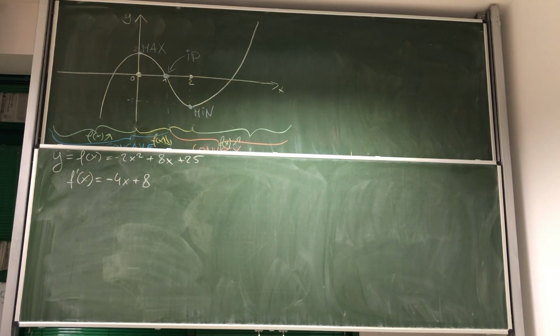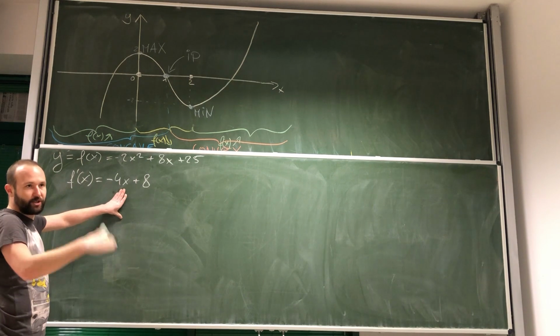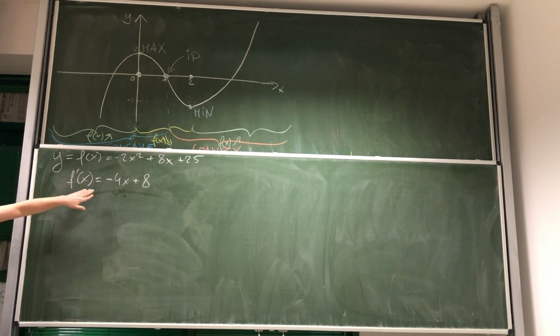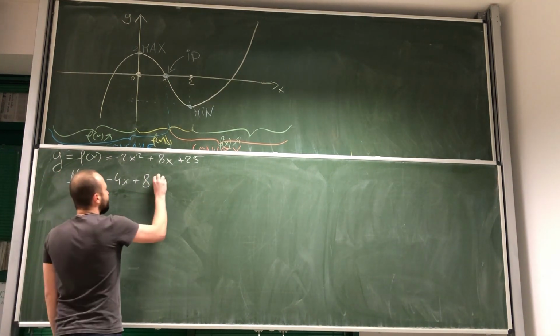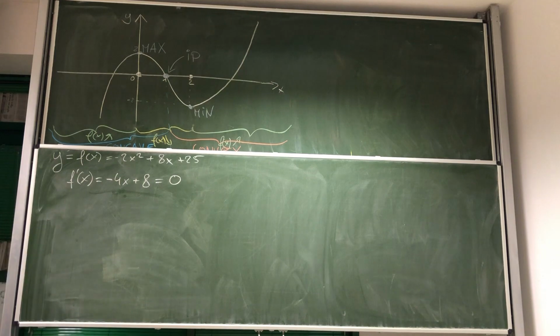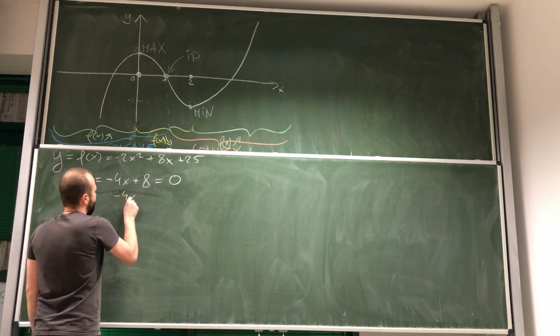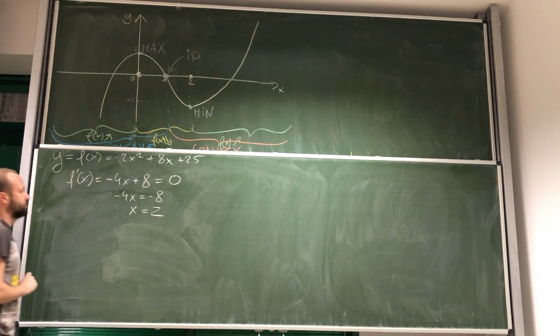Again, we are interested in at which point this function is going to be cutting through the x-axis. And now look, we see that this is a negatively sloped linear function. All we need to do now is to find where it is equal to 0. So we get that negative 4x equals negative 8, or x is equal to 2.